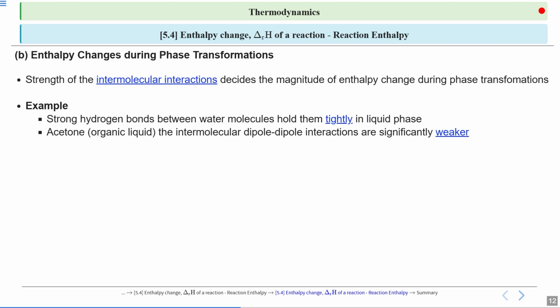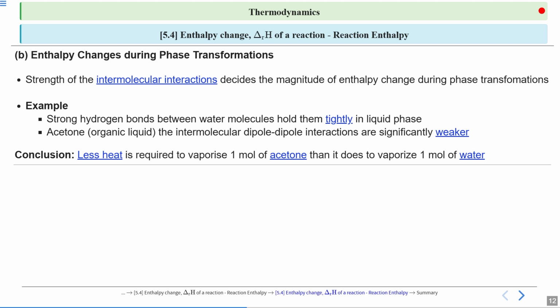Now it is observed often, and it is true also, that the dipole interaction will be smaller in strength as compared to the hydrogen bonding. So as the hydrogen bond is stronger in case of water, less heat is required for the vaporization of acetone as compared to water. You got it? Is it clear how the intermolecular interactions are important?